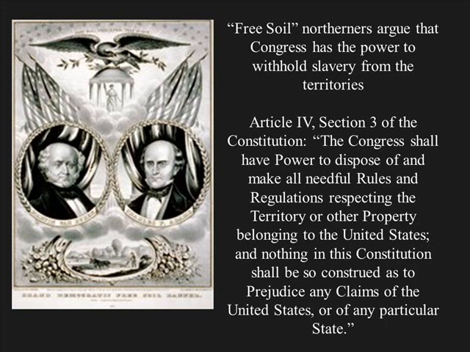So U.S. territories fall under the authority of Congress to make laws. They don't have state governments yet, so someone has to make laws for them. Therefore, theoretically, Congress would decide whether or not these territories will be open to slavery. And when it comes down to the vote, the northern population has more votes in Congress.